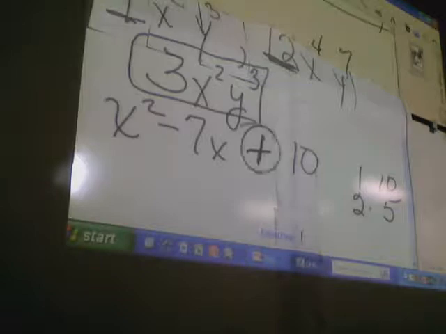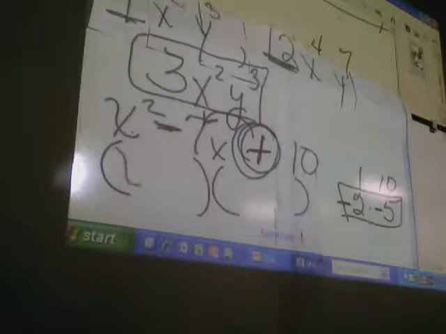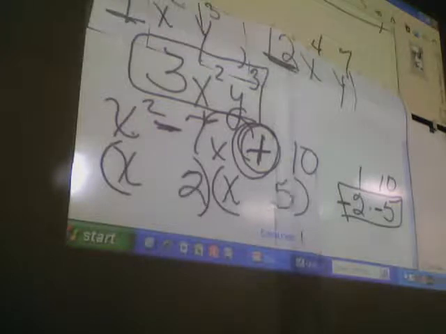You want the ones that add to give you a 7, so that would be 2 and 5. And you need a negative 7, so it needs to be -2 and -5. So the x squared would be x times x, and the 10 would be 2 times 5, and they both have the minus because they're negative.